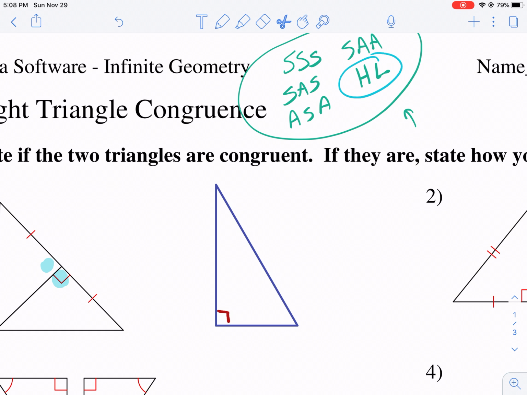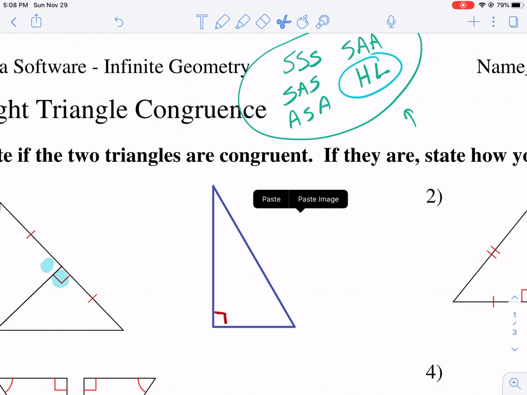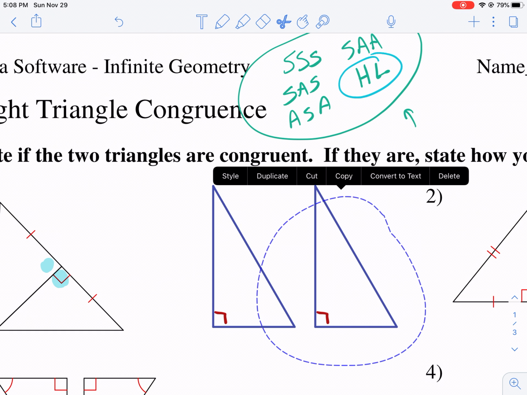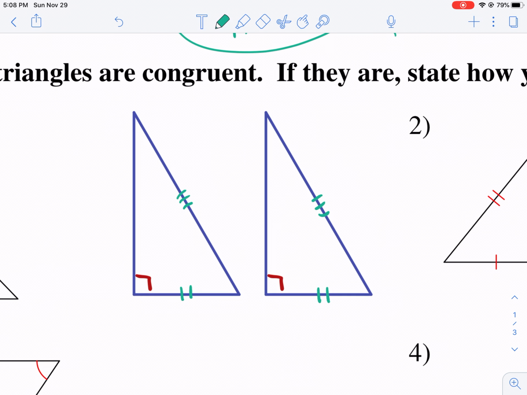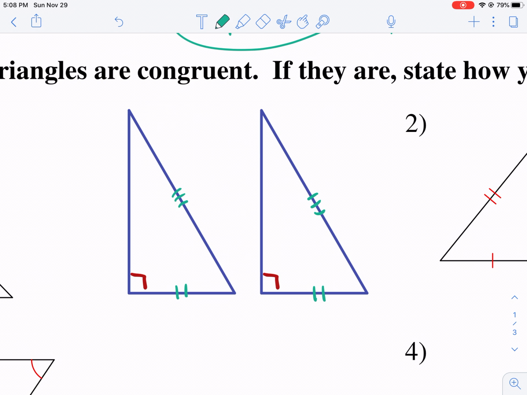Okay, so I'm going to copy paste this guy. Now I have 2, and they're exactly the same. But let's say we don't know that. We can't assume it. And we're told that this is the case. 1, 2, 3. 1, 2, 3. Now, this scenario, even though it is angle, side, side, normally that's no go.